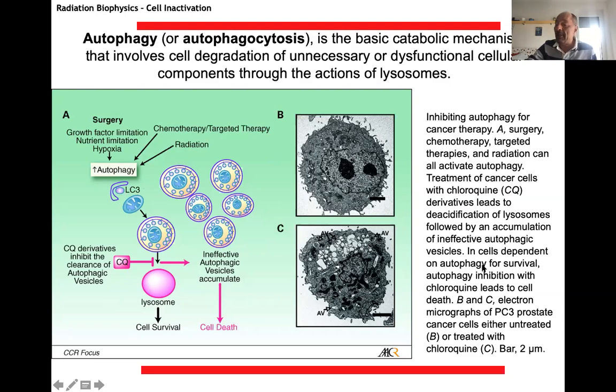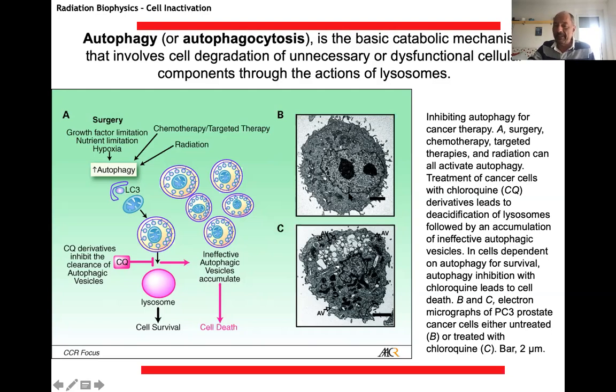In cells depending on autophagy for survival, autophagy inhibition with chloroquine leads to cell death. So somehow you can die if you inhibit autophagy, or vice versa, autophagy can induce cell death.